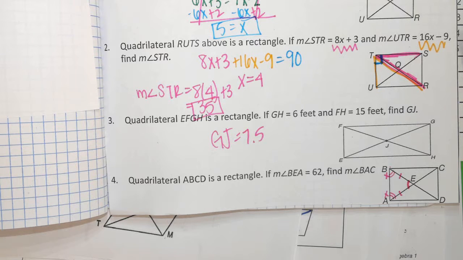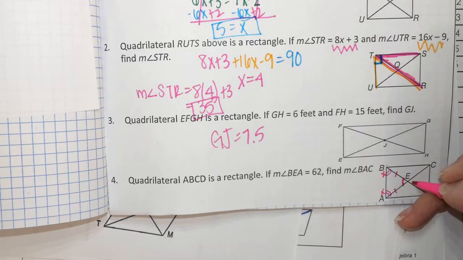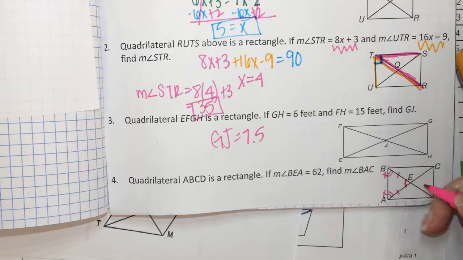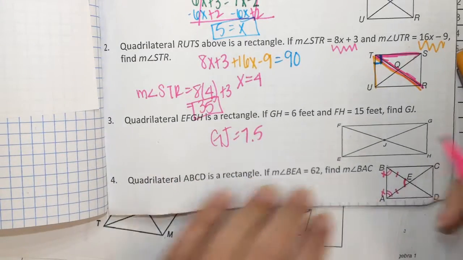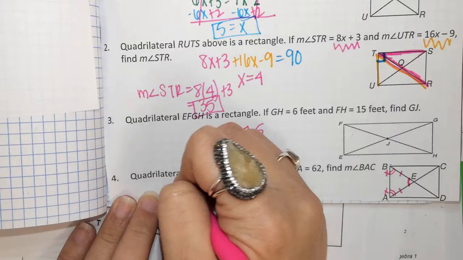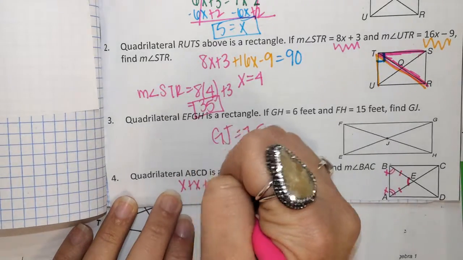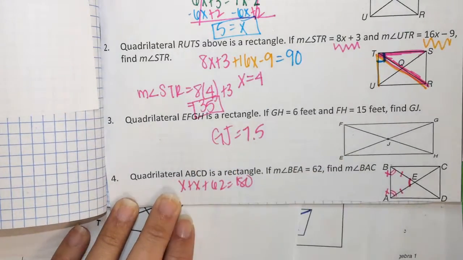Like this angle and this angle are congruent because they're vertical, but you don't need that. But I need BEC. Okay, so you could do this two ways. You could do X plus 62 and set it equal to 180.